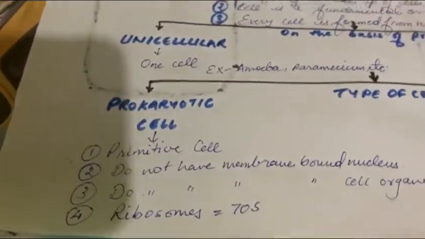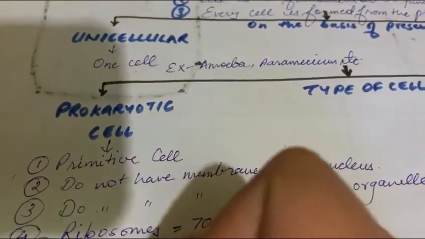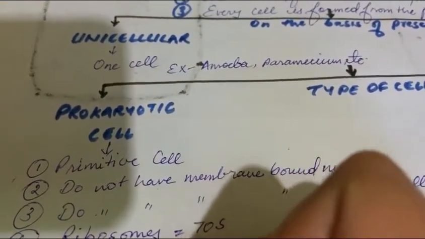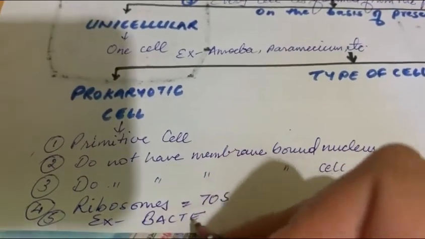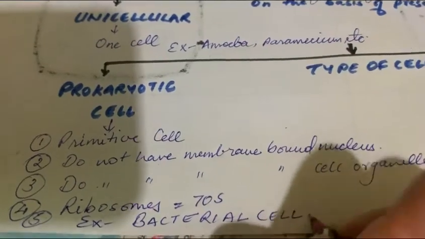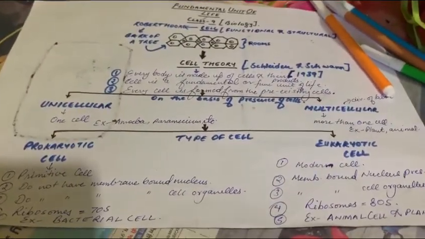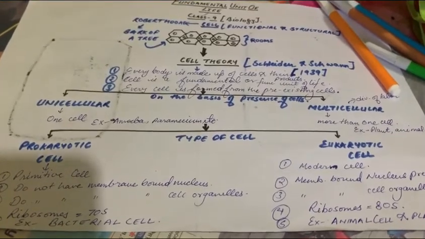Whereas an example of a prokaryotic cell is bacteria or bacterial cell. So these are the particular differences between prokaryotic cell and eukaryotic cell.